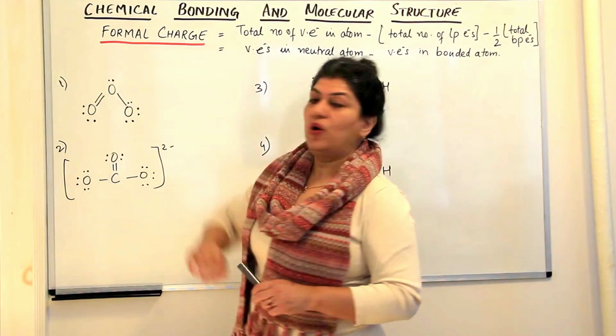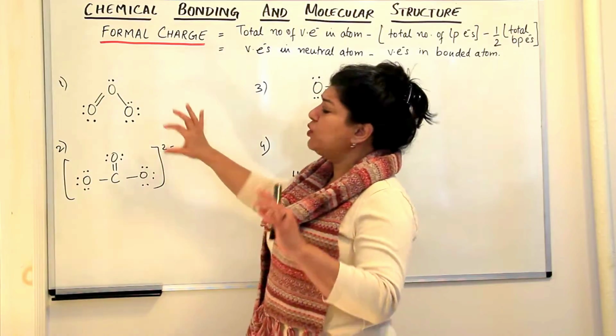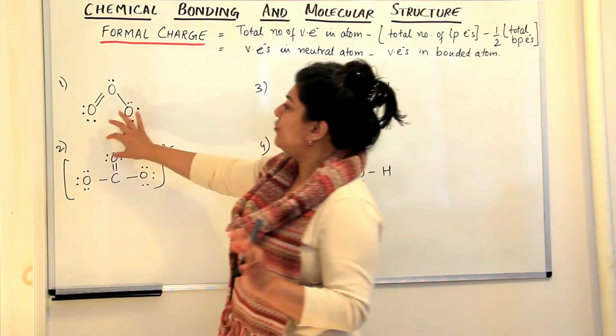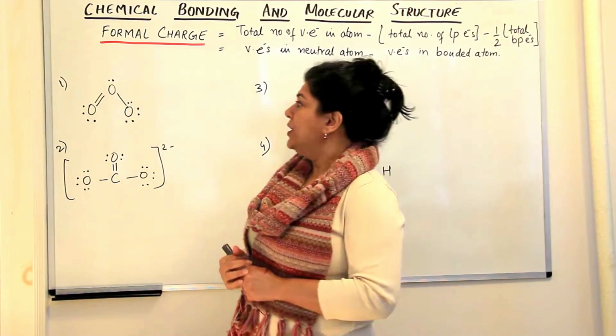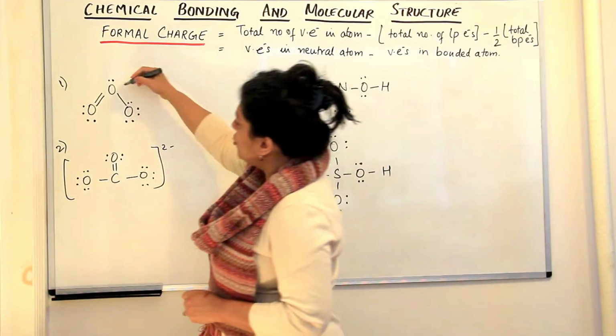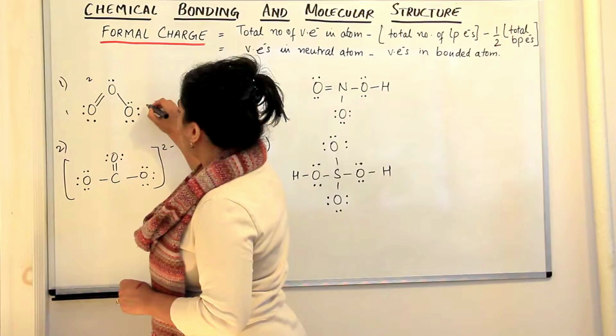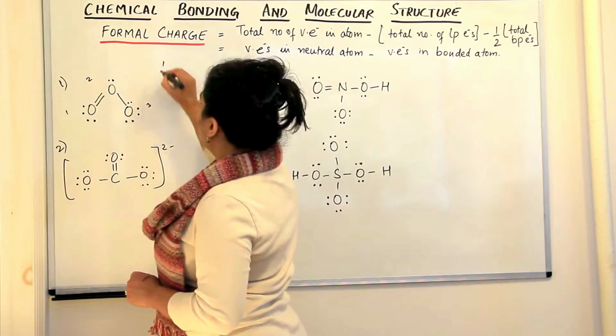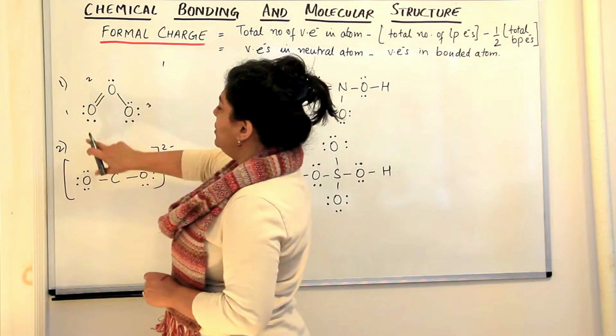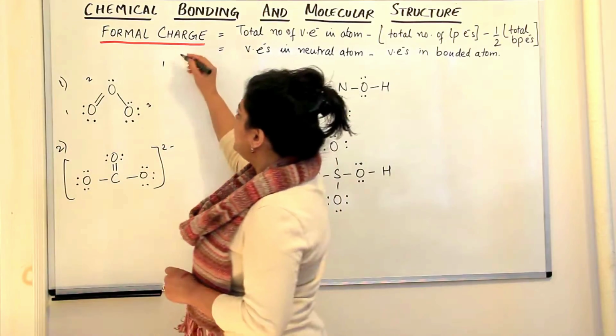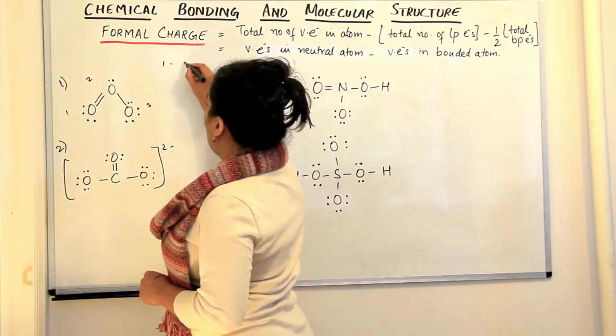This is a molecule of ozone, and we want to find out the formal charges of all the 3 oxygens here. So let us say that this is oxygen 1, this is oxygen 2, and this is oxygen 3. So for oxygen 1, what would the formal charge be? There are 6 electrons in neutral oxygen.